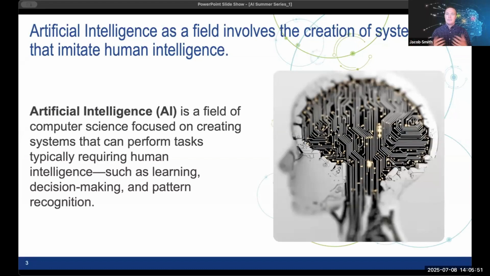So it's an entire field of computer science that's focused on creating these systems that typically require human intelligence. So learning, decision-making, pattern recognition, that type of thing. I'll also highlight the image on the right was one, again, that was generated using Mid-Journey, a generative artificial intelligence platform.